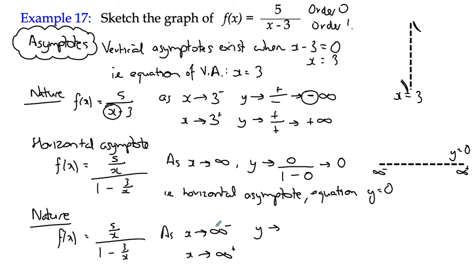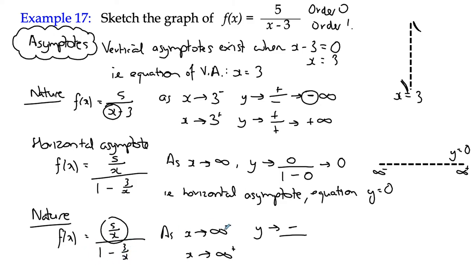What happens? Well, we know that the top number, 5 over x, as x gets large and negative, is going to be just below 0. It's going to be 5 over negative a million. It's still negative, isn't it? So it's just under 0. In fact, let's skip the 0 part. Let's just say we're only interested in the sign now, aren't we? So that's negative.